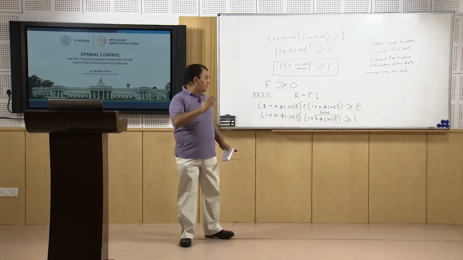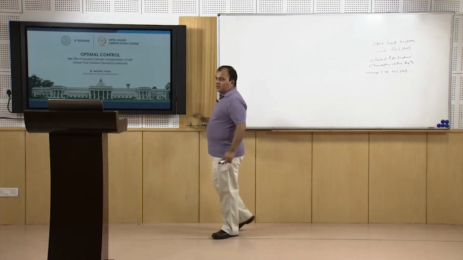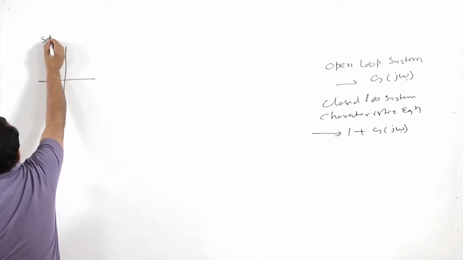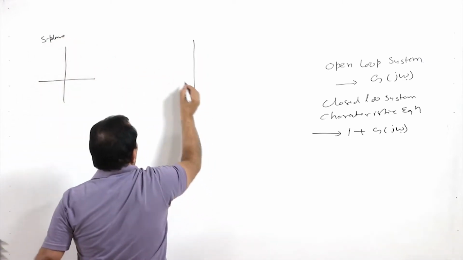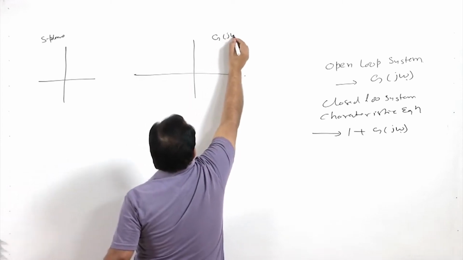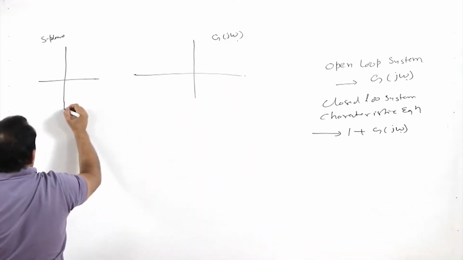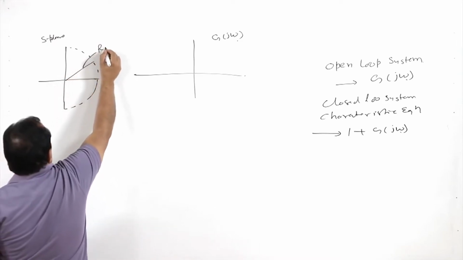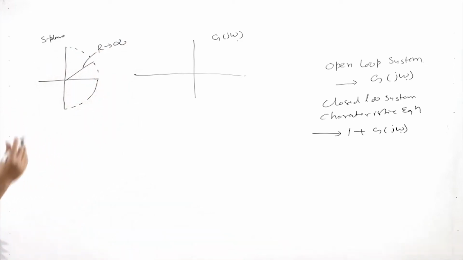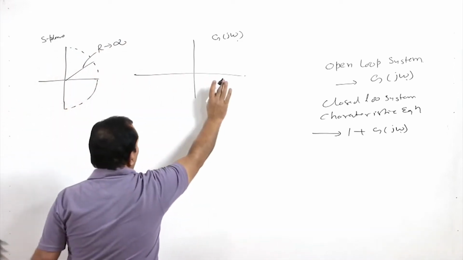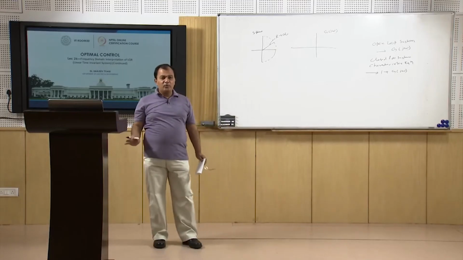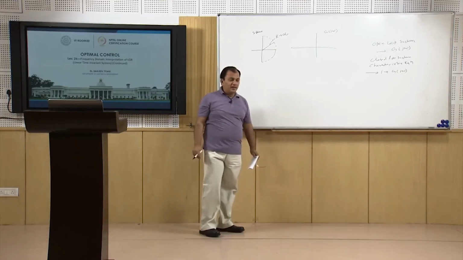We consider a Nyquist contour of infinite radius covering the right half plane, map it into the G(jω) plane, and analyze stability there. We already know how to draw the Nyquist plot and what the Nyquist stability criterion is.